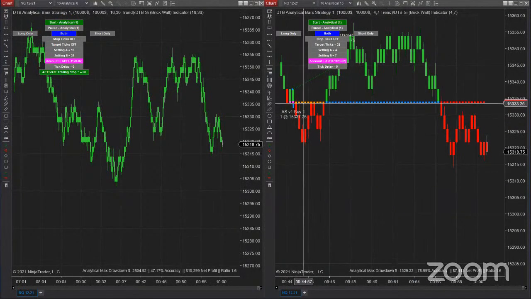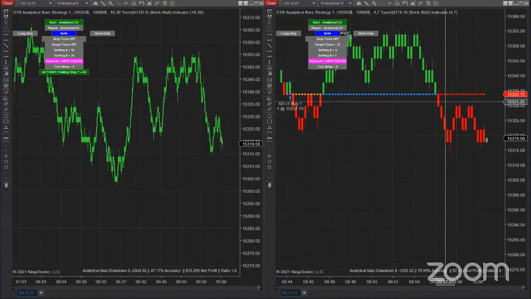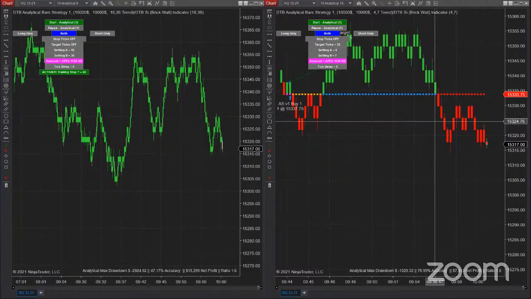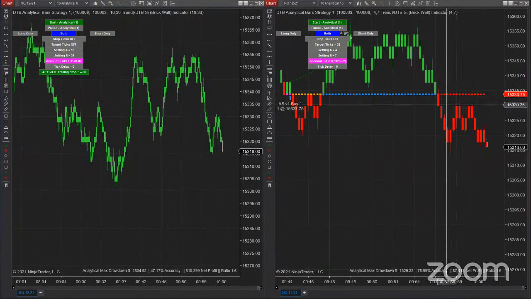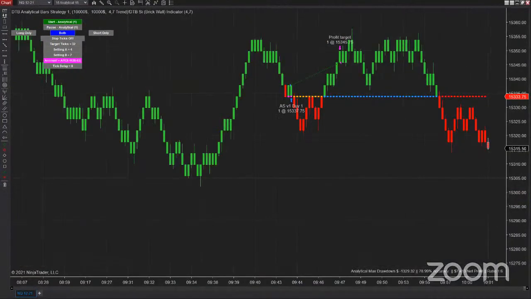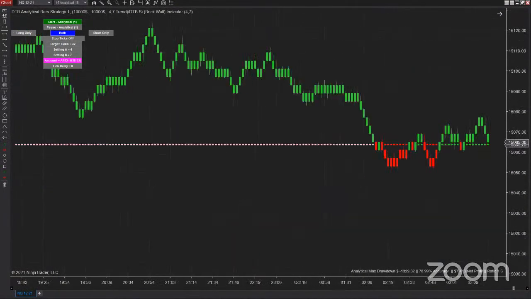There's a few things that have to be in play, but on this one, it's definitely crossing over the brick wall. But there also has to be a few other things, including time and sales and average true range. There's a few things that also have to be in sequence for it to take a signal. But the signal happens at the brick wall. Okay, perfect. Thank you. Always at the brick wall.